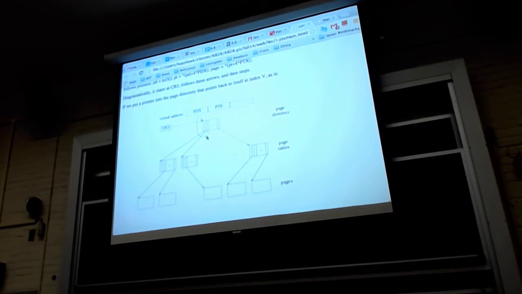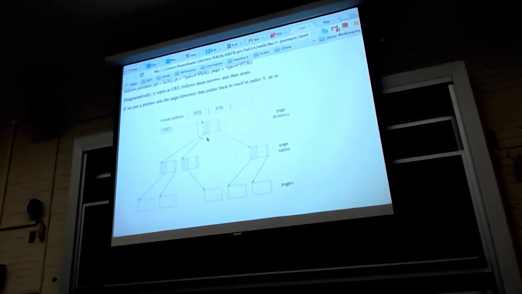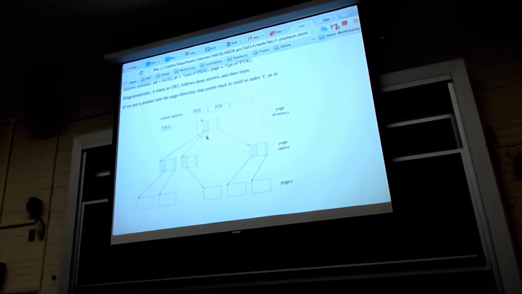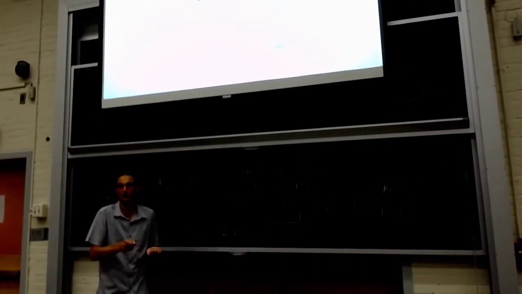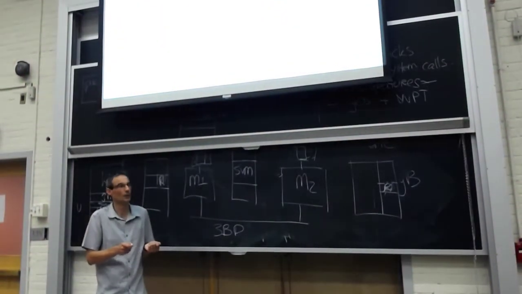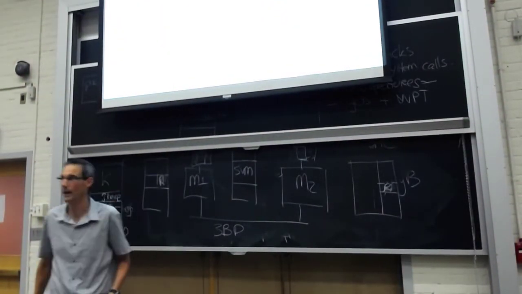What it does is it recursively remaps the page directory into the address space. I think the address for this is 3BD. At 3BD, you're going to map the page directory. So what does that mean? Well, you're going to make it loop around.